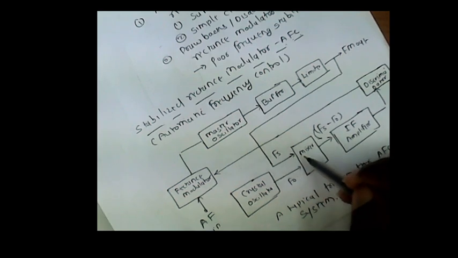The mixer receives two inputs, one from the crystal oscillator and the second from the limiter.